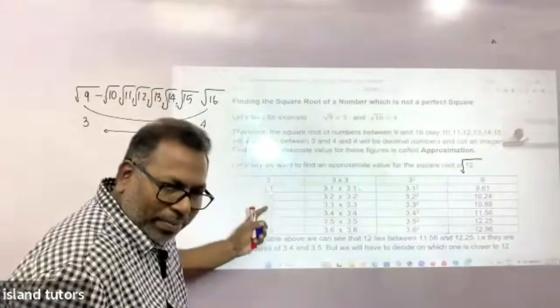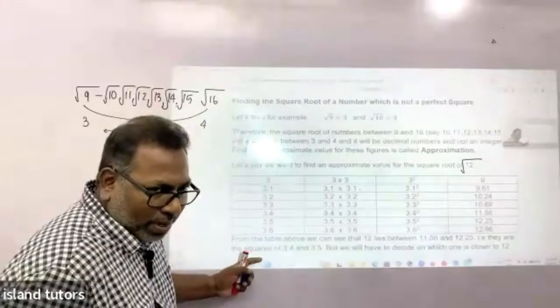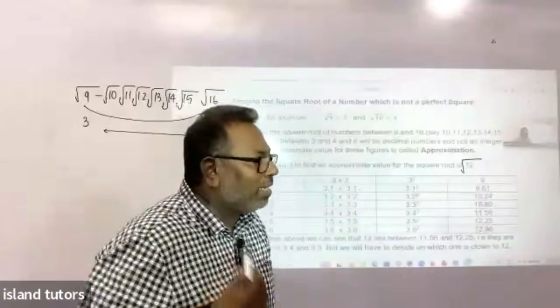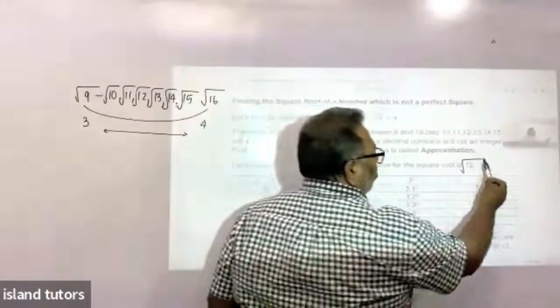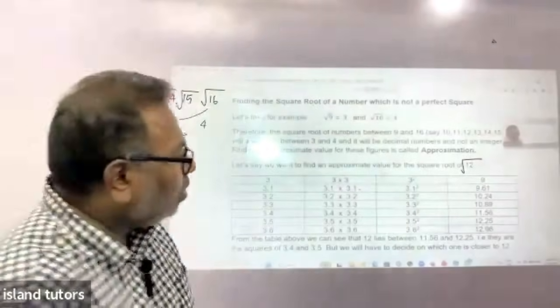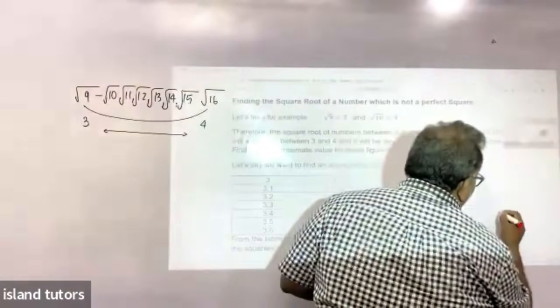Likewise, if I keep coming down, 4 multiplied by 4 is going to be 16. But now I want to find the square root of 12. So where is 12? 12 is between these two numbers.